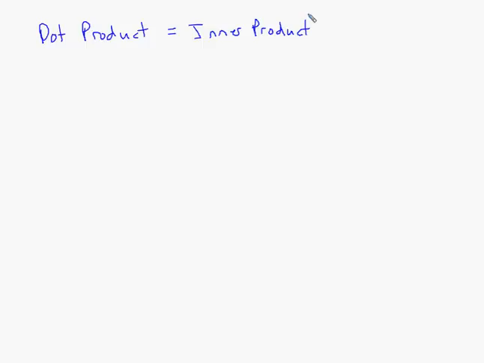It's also the same thing as saying scalar product. The reason for calling it a scalar product is our answer is not a vector. A dot product gives us a scalar.